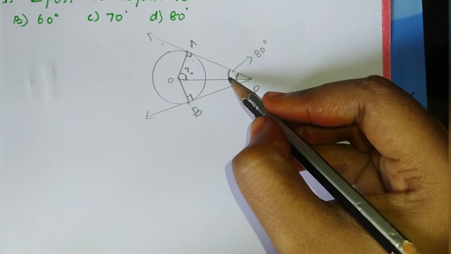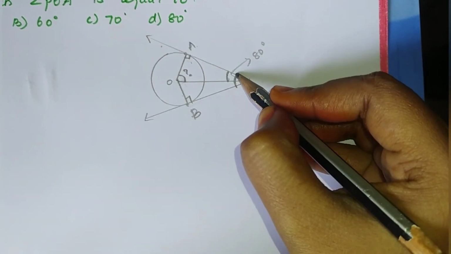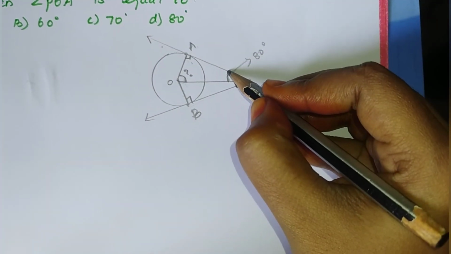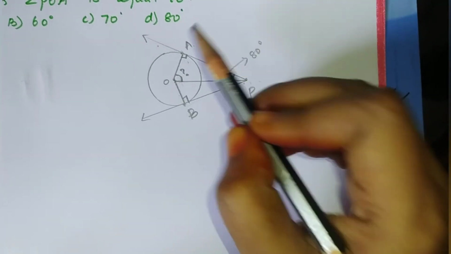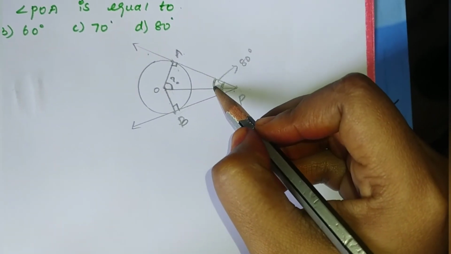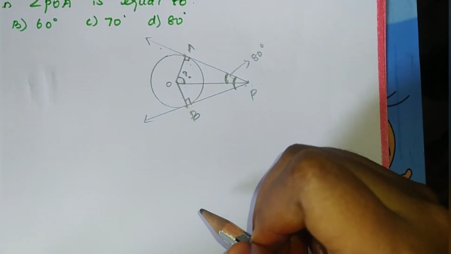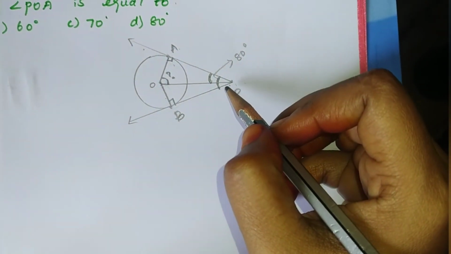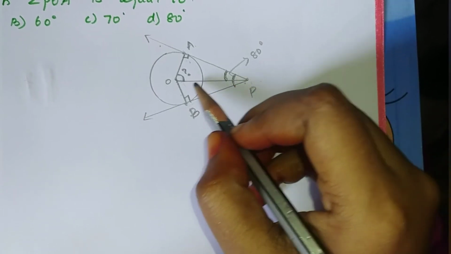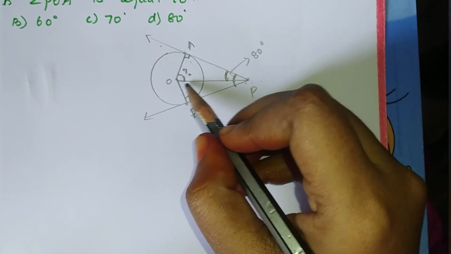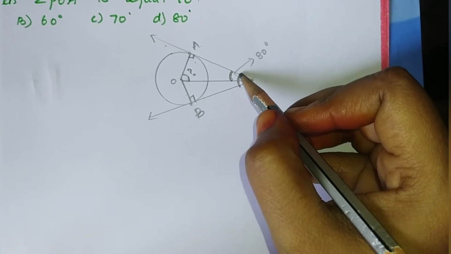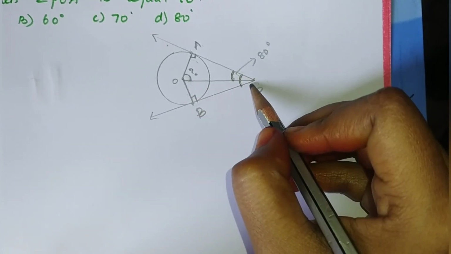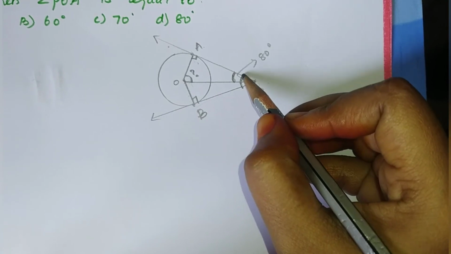So first, from this 80 degrees I want to find this half, OPA. How can we find this angle? If I can say that this angle P is bisected by the line OP, then the two angles are equal.